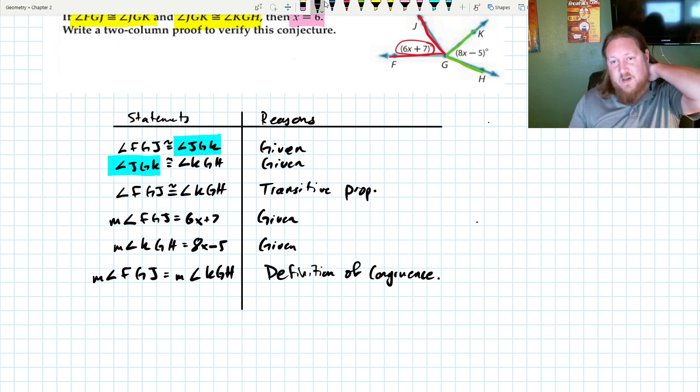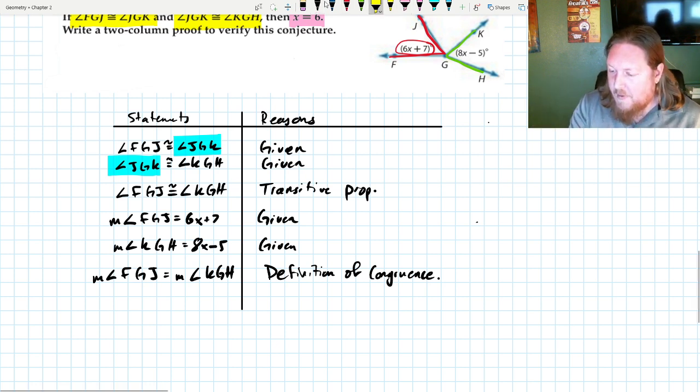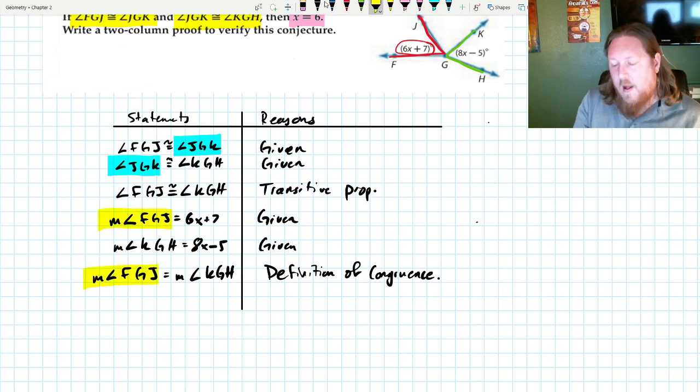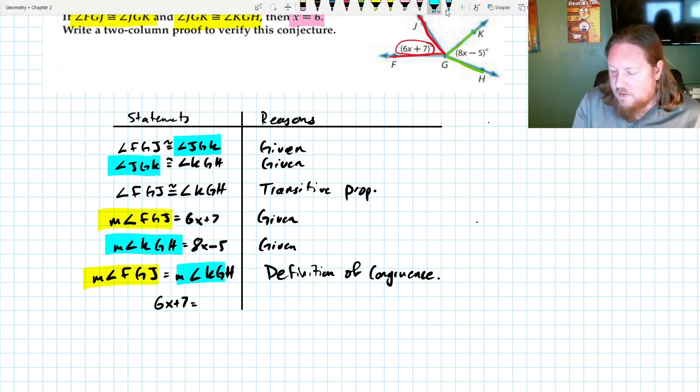And notice I was very careful about making sure I put the measure of the angles there, because for my angles, FGJ, I know what it equals in an expression, 6x plus 7. And I know what the measure of KGH is. I have it in an expression, 8x minus 5.